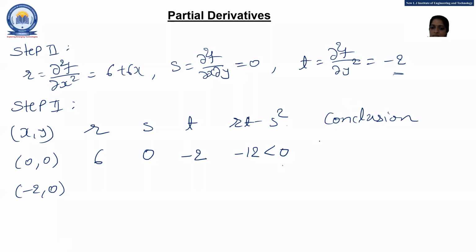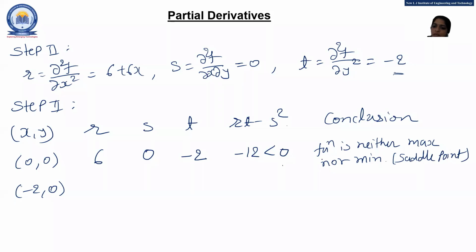So the conclusion is the function is neither maximum nor minimum. Or we can say this point 0, 0 is a saddle point. You can write either saddle point or the function is neither maximum nor minimum.